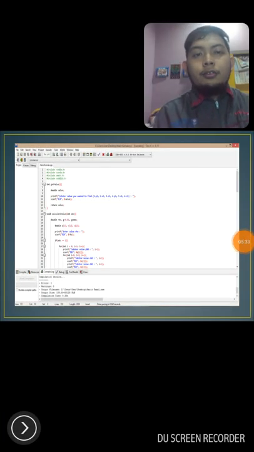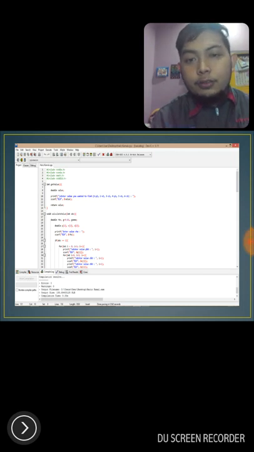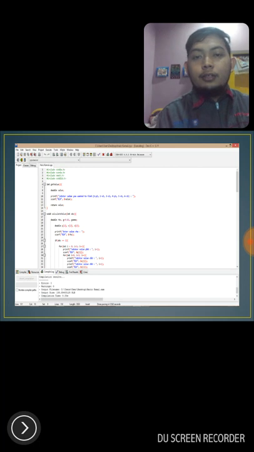Okay, we're back. Based on the coding, first we can see the get value, which is our function.